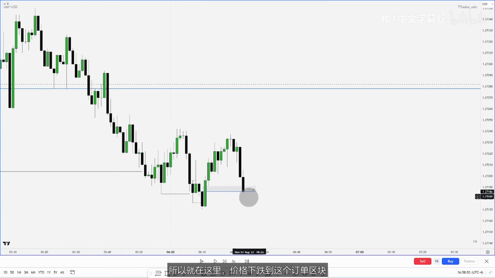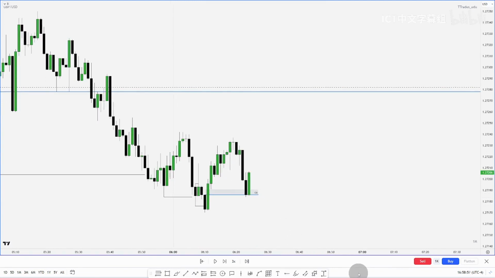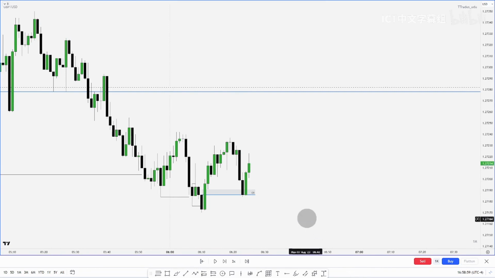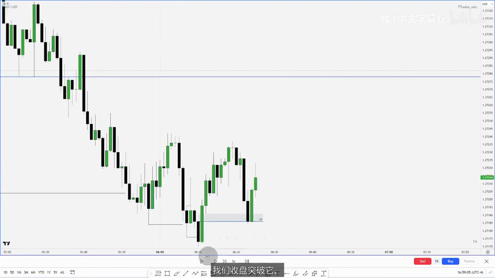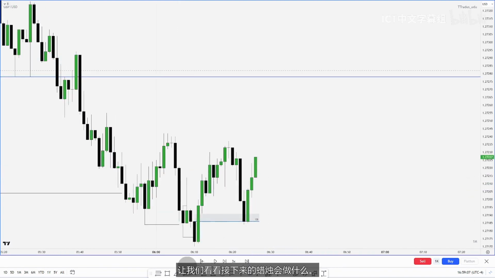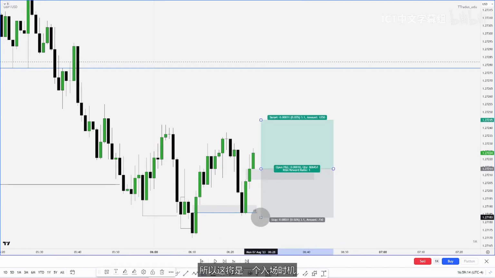So right here, price comes down to this order block and fair value gap. Let's see if we get a reaction out of this, right? So good displacement out of this, and if you notice, this bearish fair value gap here is disrespected. We close over it. So let's see what this next candle does. And now we are left with a fair value gap here. So this would be an entry right here.